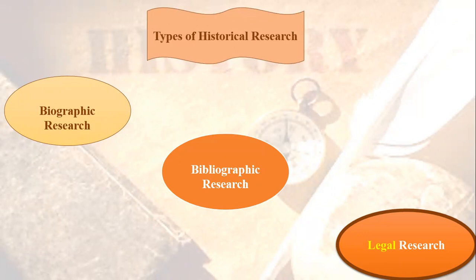You take an event from the past, anything which happened in the past, and apply the steps of historical research and check. This is the best way to learn historical research. I will learn it by Egyptian history, so that's why I will add Egyptian history in my lecture.